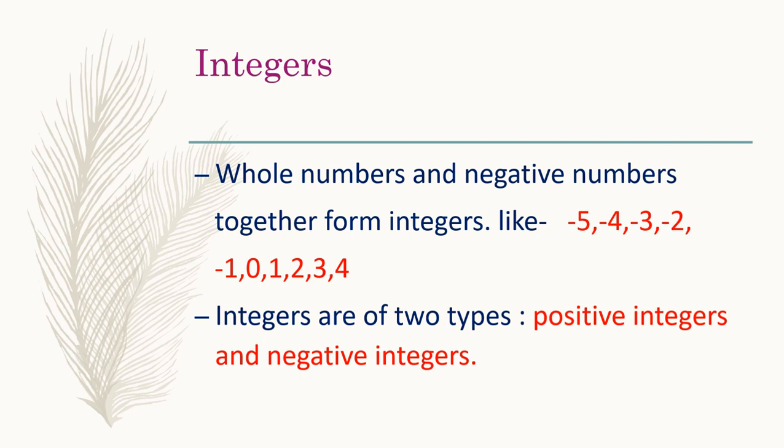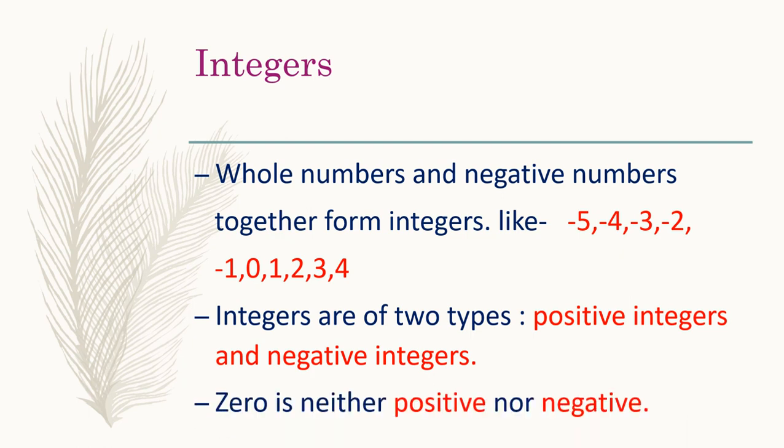Here you can see that numbers like 1, 2, 3, 4, 5, 6 and so on are called positive integers, while numbers like -1, -2, -3, -4, -5, -6, -7 and so on are called negative integers. But 0 is neither positive nor negative.